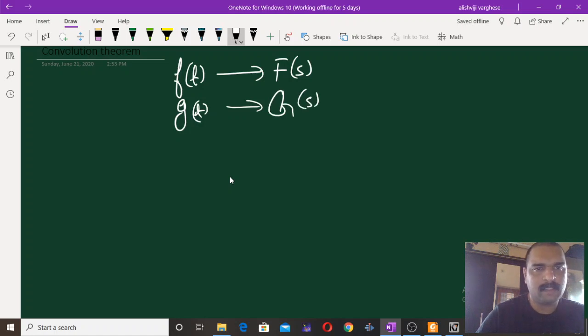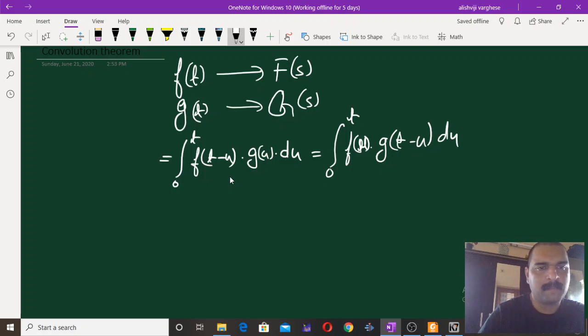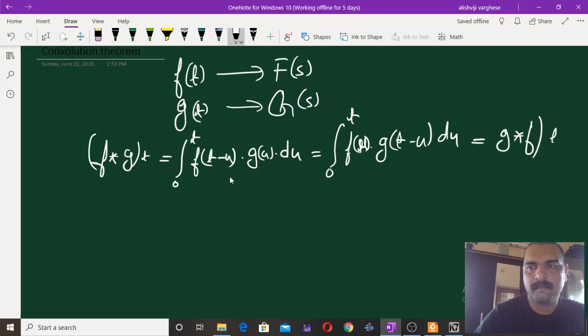Now, the convolution of these two functions f of t and g of t is defined as integral 0 to t f of t minus u into g of u du, or is exactly the same as integral 0 to t f of u into g of t minus u du, and it is represented as f star g of t, or this is the same as g star f of t.